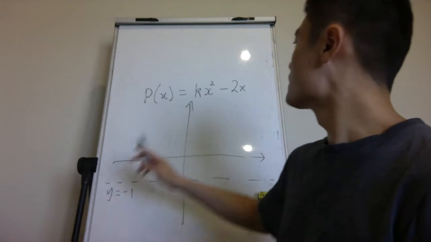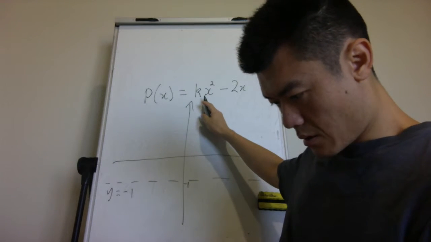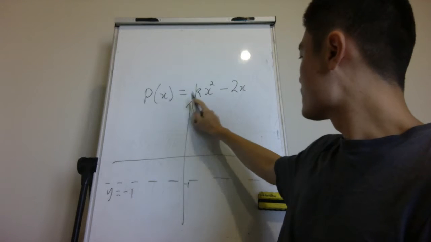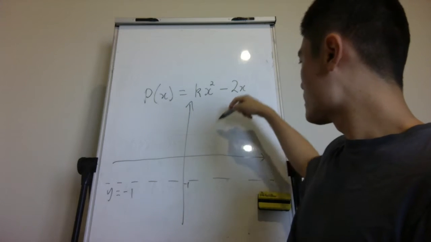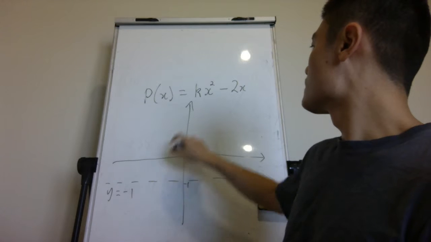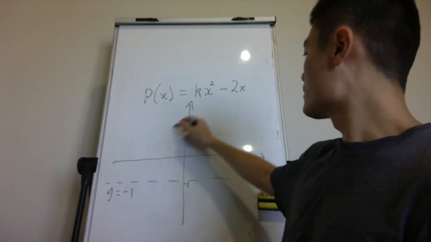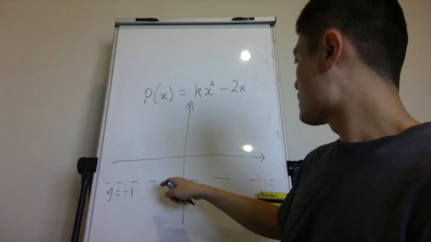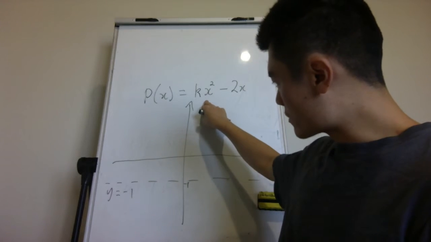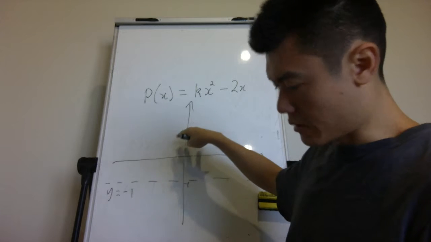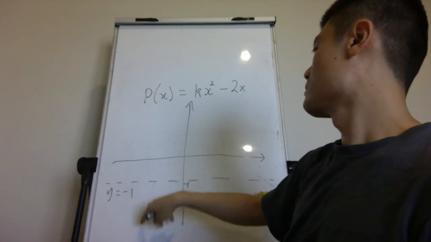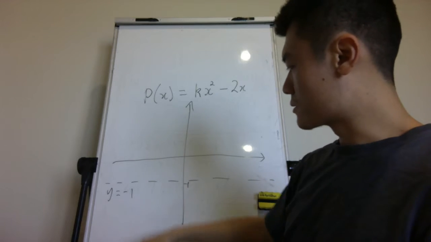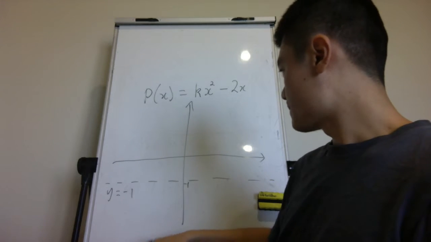Yeah, so first of all, you might be tempted to assume that k is positive and that the graph will be smiling, but be aware that it could also be negative and it'd be going down. Okay, but can you see that in this problem, for it to always be above the line minus 1, it can't be negative, because if it was negative, it would have to cross it going downwards.